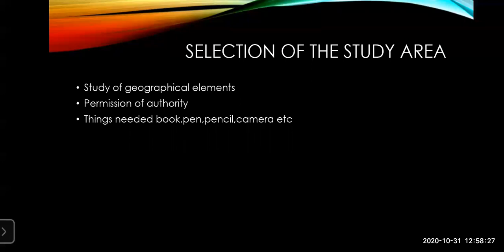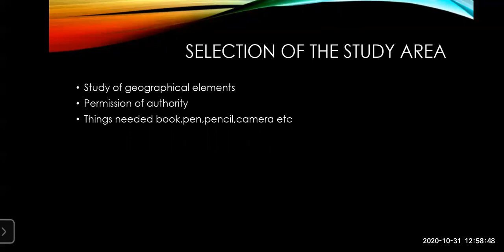One more important thing, that is what we have to carry over there. We cannot simply go over there without some essential things. Now, the things which are needed for the field visit: students must carry a notebook, the questionnaires that will be prepared. You can take the help of your teachers.